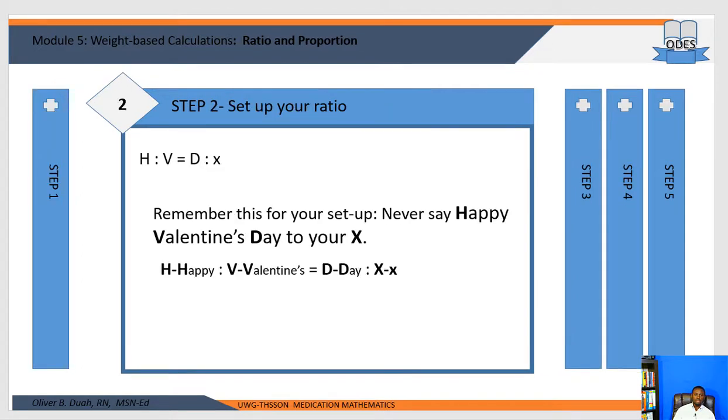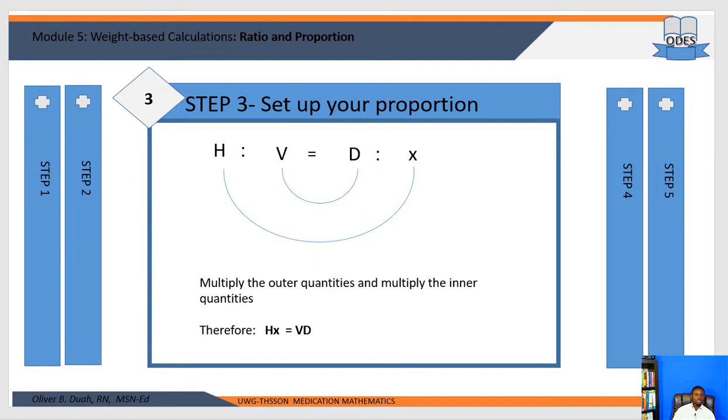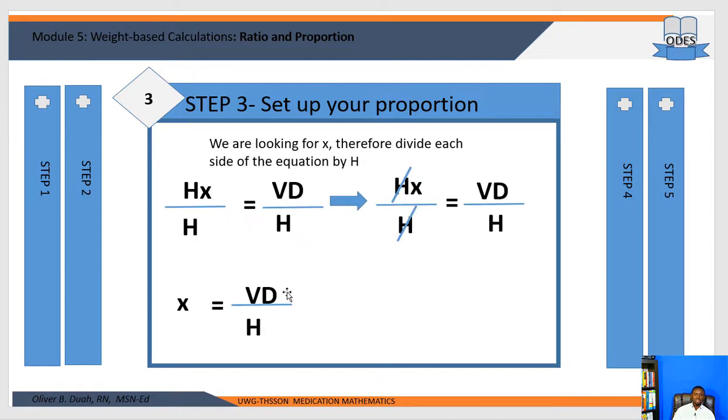So using the formula ratio proportion, we have H is to V equals D is to X. And solving for X, we are going to have this setup, so Hx equals Vd, and X is equal to Vd over H. H is what we have, D is the prescribed or desired dose, and V is the vehicle.